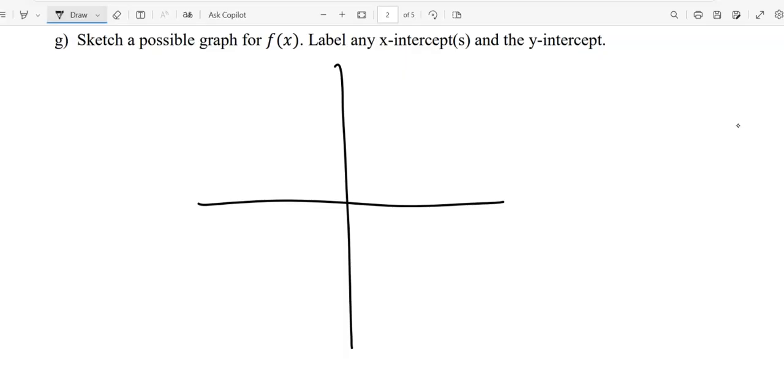Give me some points that need to go on this graph. Okay, negative 3, 0. Negative 2, 0. I heard 0, 36. 2, 0, and 3, 0. So how many tick marks should I put on my x-axis on both sides? 3 or 4, doesn't matter. I'm going to put 3.